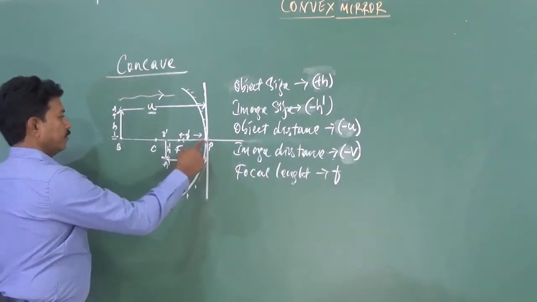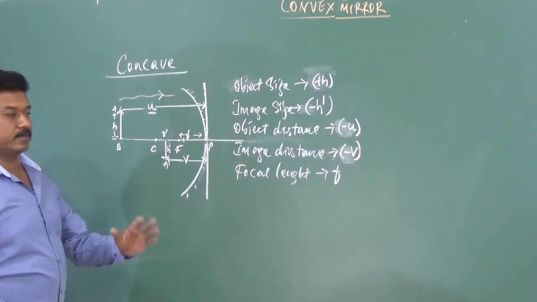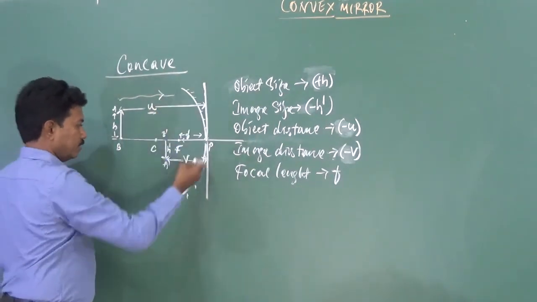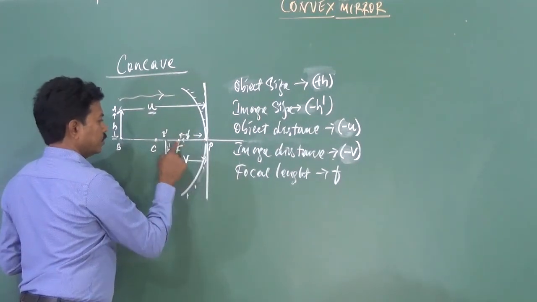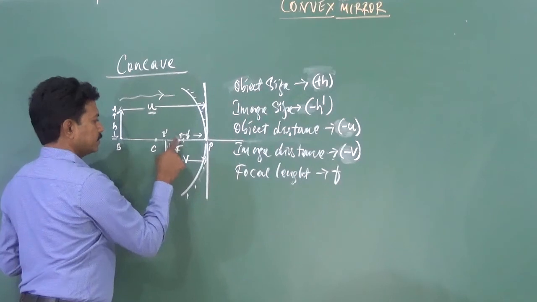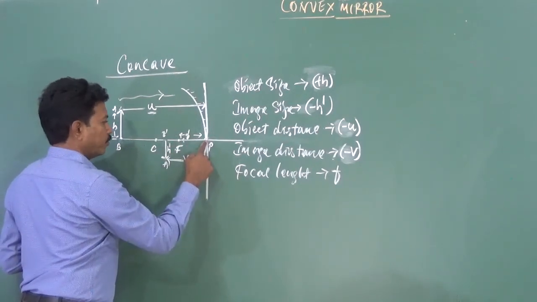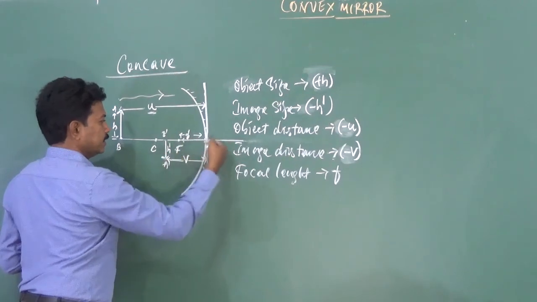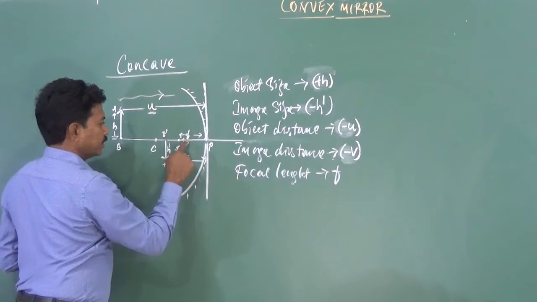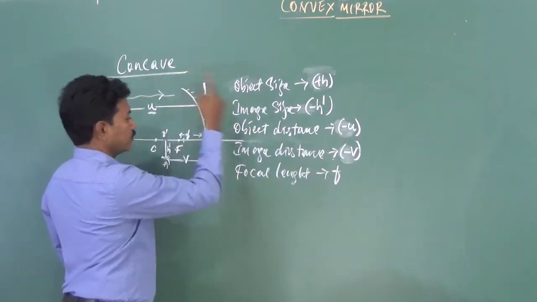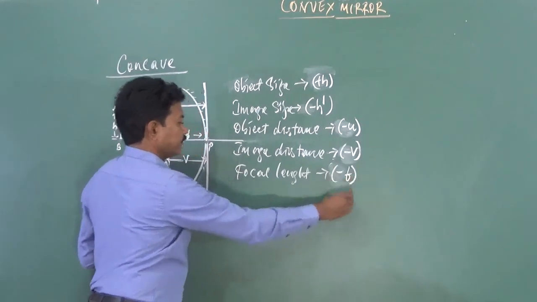Now regarding focal length, it's very important. It will be asked for 1 mark. In case of a concave mirror, the focal length is measured from the pole of the mirror to the principal focus, in the direction opposite to that of the incident light rays. Therefore the focal length in case of a concave mirror is minus f.